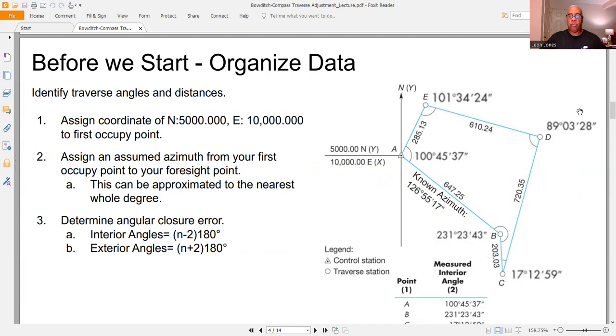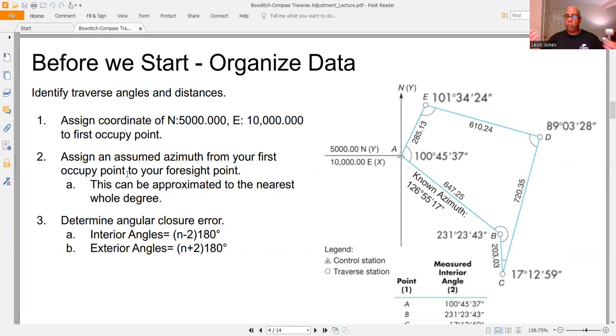So what happens is we're assigned a coordinate of 5,000, 1,000. Okay, now in this one, we're given a known azimuth of 126, 55, 17, and we're given a five-sided polygon. So what we're supposed to do is assign an azimuth from the first occupied point to a foresight.